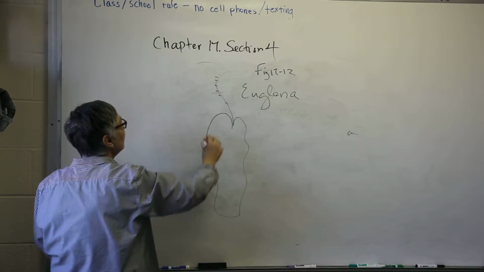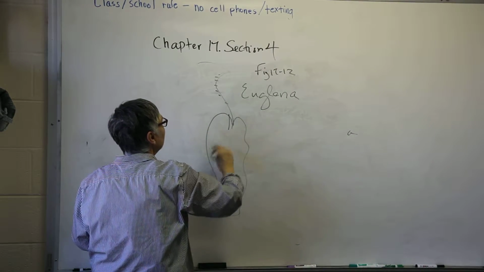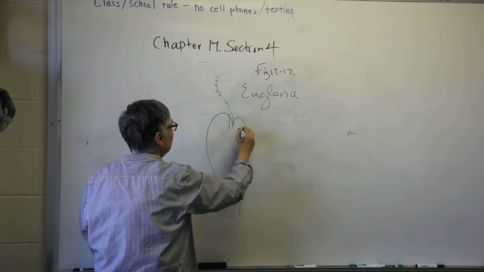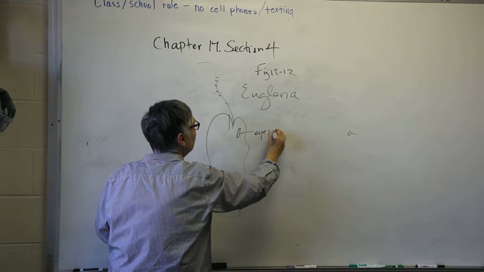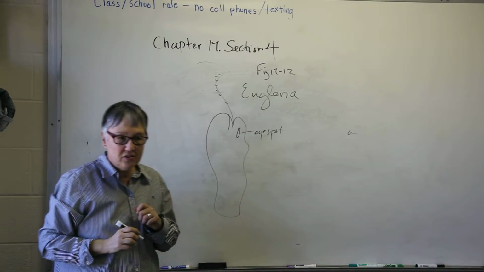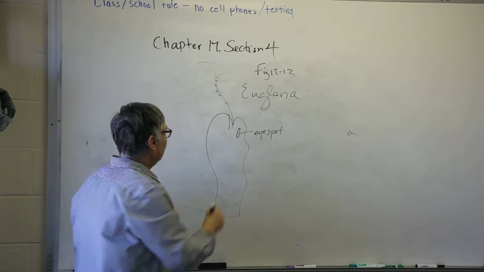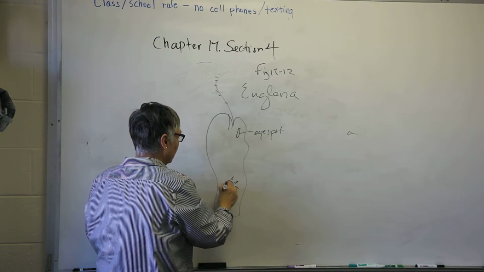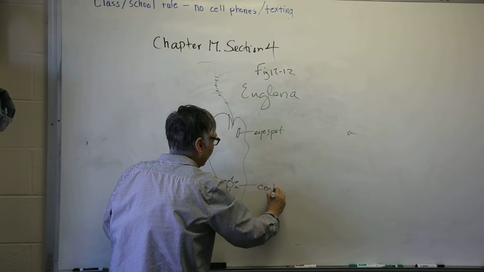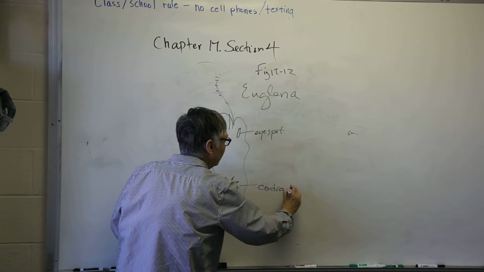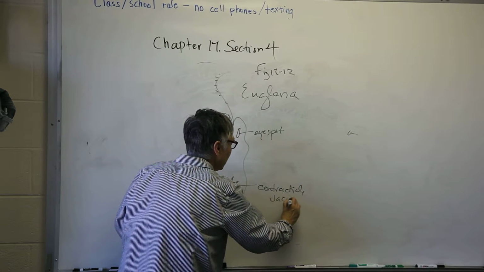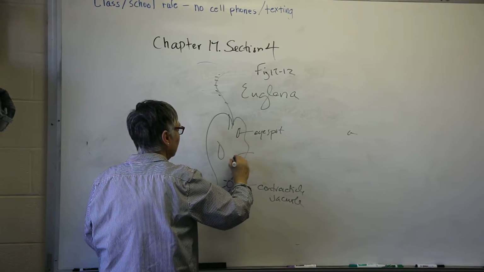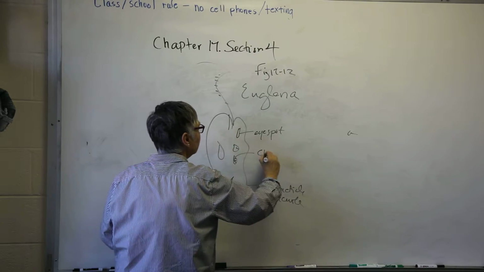Euglena has one long flagella and then typically a very short flagella. It has an eye spot that is sensitive to light. It's sort of a light detector. Contractile vacuoles for water regulation, nuclei, and of course chloroplast.